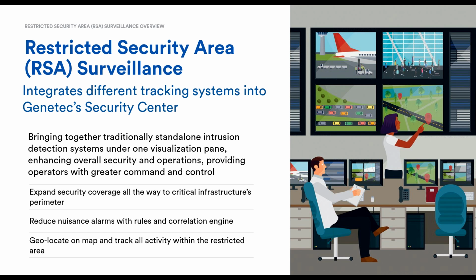That's the RSA Restricted Security Area Surveillance module. And what it does is it effectively does two major things. One is it connects to all those different sensors, so that all the events, alarms, and additional attributes of the target can be ingested by Security Center.